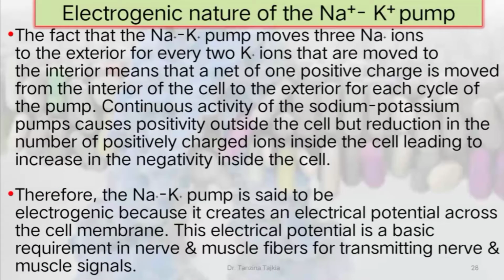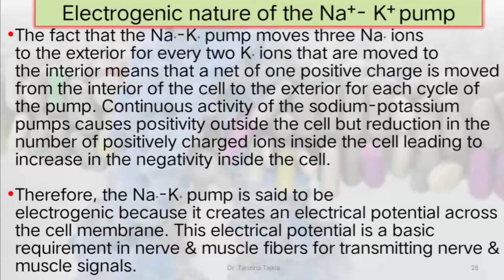What is the electrogenic nature of the sodium-potassium pump? The answer is the fact that the sodium-potassium pump moves 3 sodium ions to the exterior for every 2 potassium ions that are moved to the interior. This means that a net of 1 positive charge is moved from the interior of the cell to the exterior for each cycle of the pump.